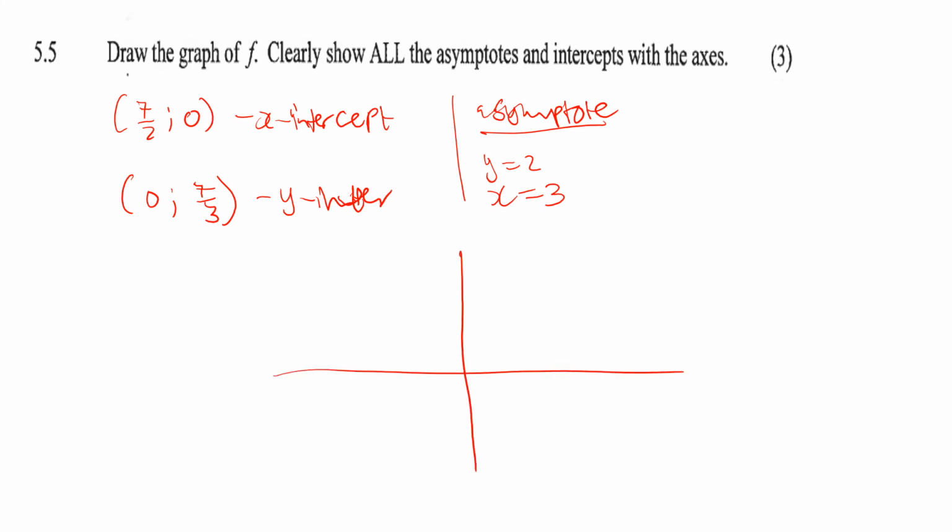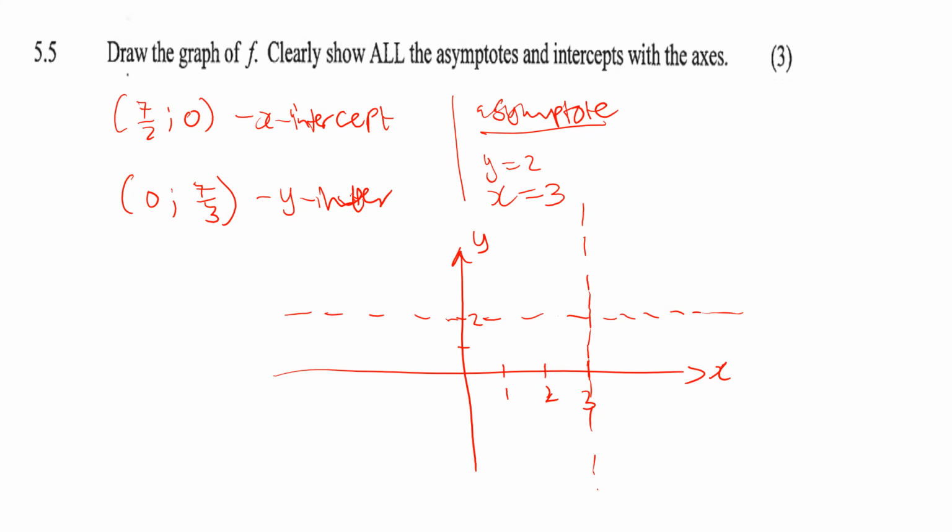So we are going to sketch our graph. This is the x-axis and this is our y-axis. We have an asymptote at y equals 2, so 1, 2. We're just going to put a dotted line to show our asymptote, and another one at x equals 3. So we put our imaginary line like that, right?